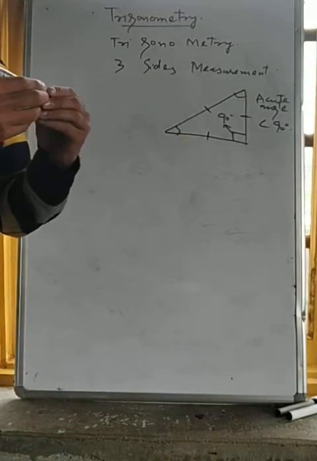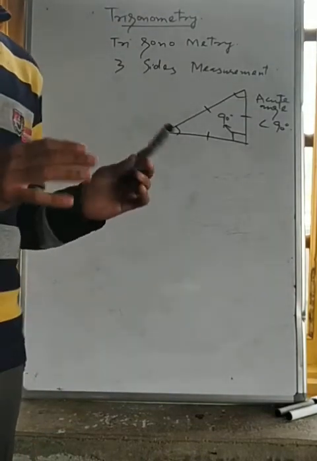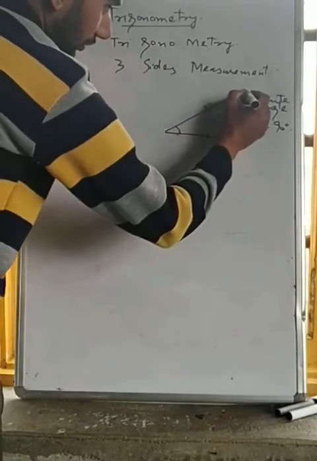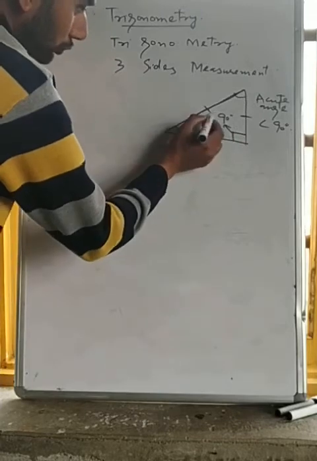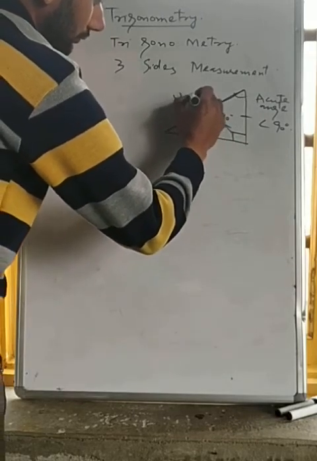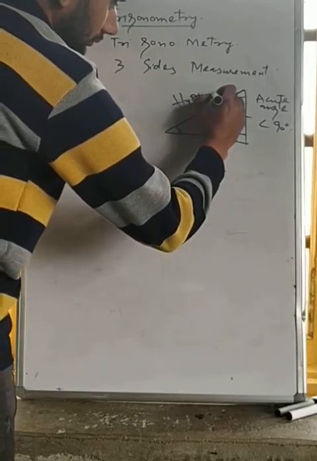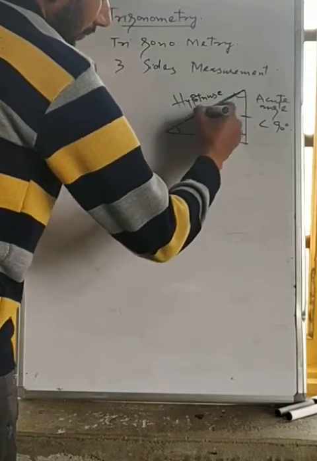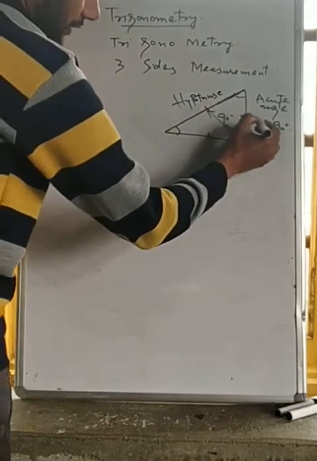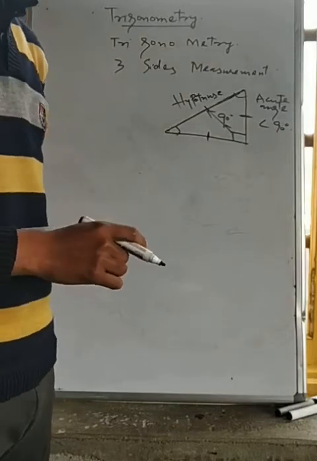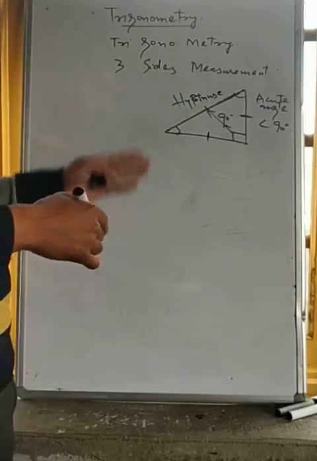In a right angle triangle, there are particular names for all the three sides of a triangle. For example, the side which is exactly opposite to the right angle is called the hypotenuse. And the other two sides may be either base or perpendicular, depending upon the angle we are talking about.